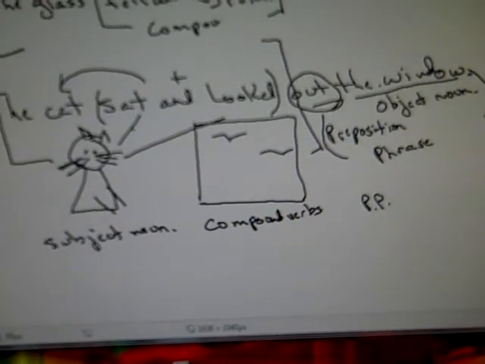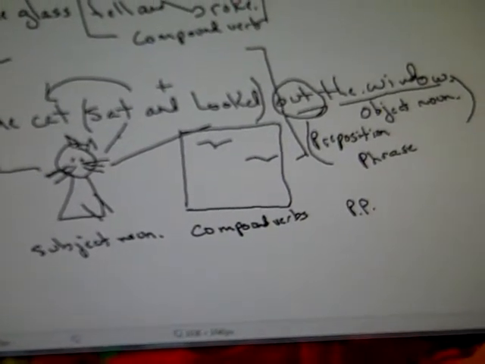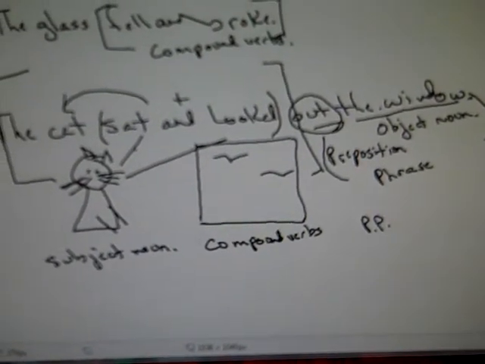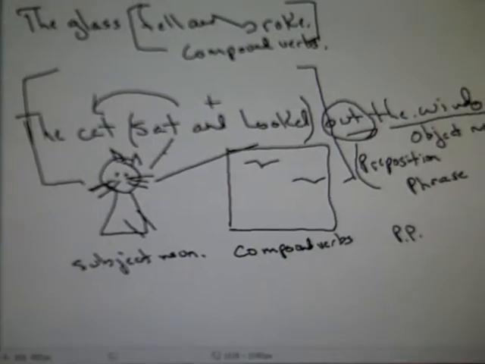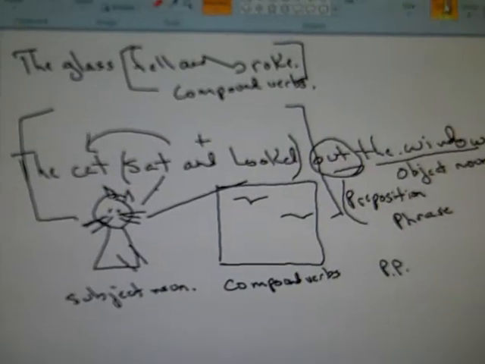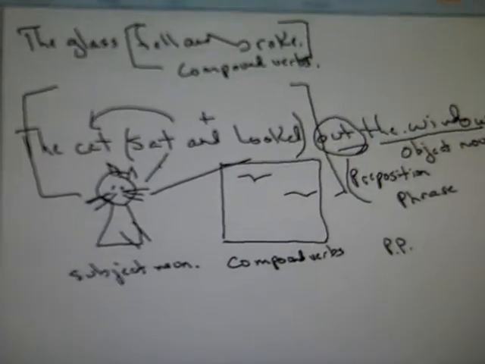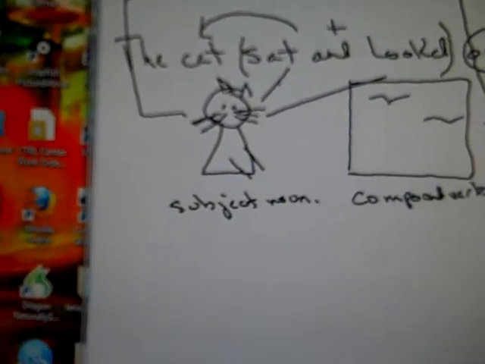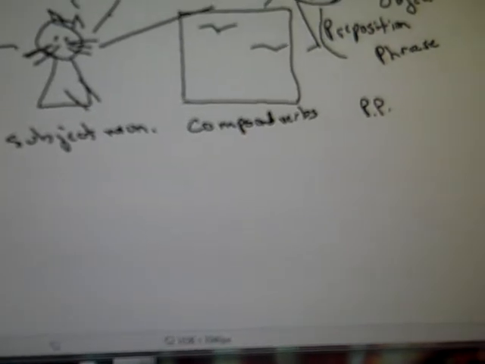These are what? Compound verbs. Okay. And objects can be done the same way. Let's see if I can just pull up, make it bigger. Compound object nouns.